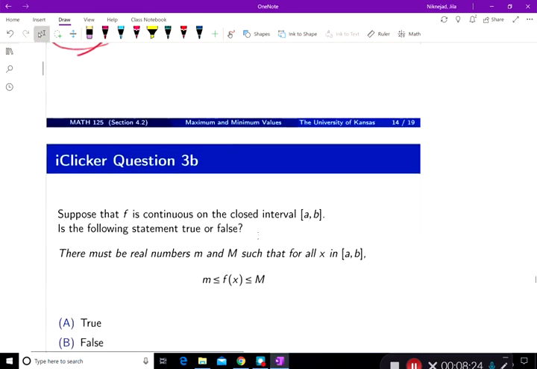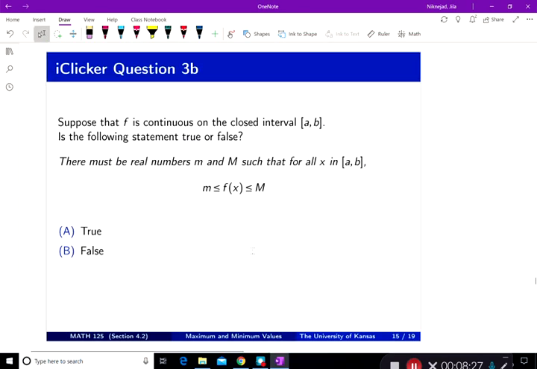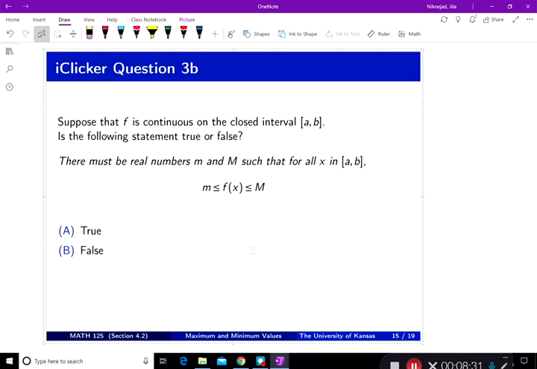Now let's go to iClicker question 3b. Suppose that f is continuous on the closed interval a and b. Is the following statement true or false? Remember, again, when you have continuity and a closed interval, you can use the extreme value theorem, and it says that f has an absolute min and absolute max.